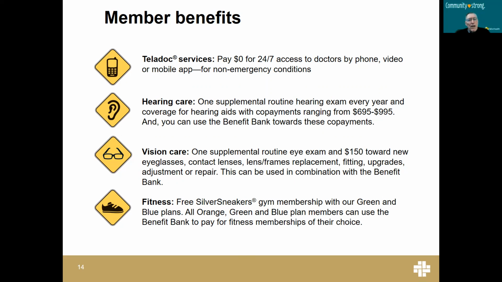And you can use your benefit bank dollars to pay for some of those services if you do want to get the hearing aids. Next is vision care, including exams, and up to a $150 allowance towards eyewear. Now, we do work with a company called iMed, so those are in-network providers, and you'll be eligible to utilize that $150 as a base for paying for your eyewear.